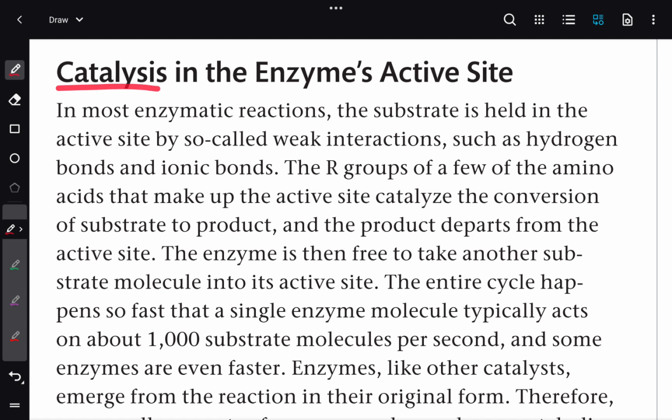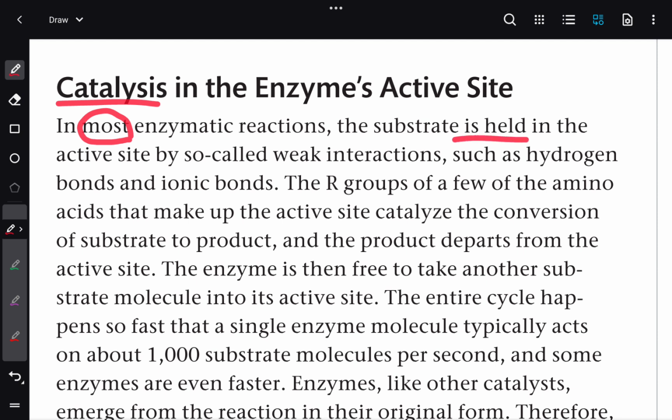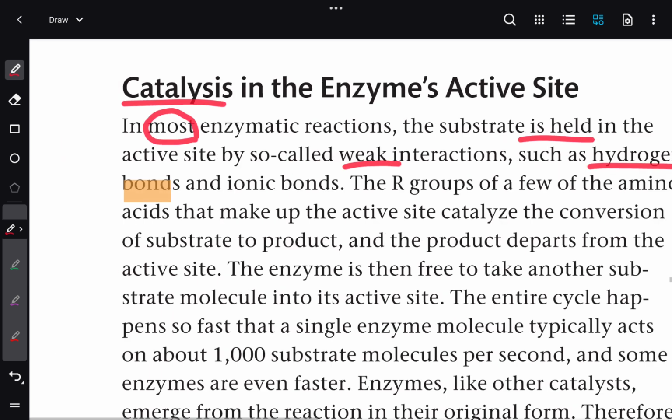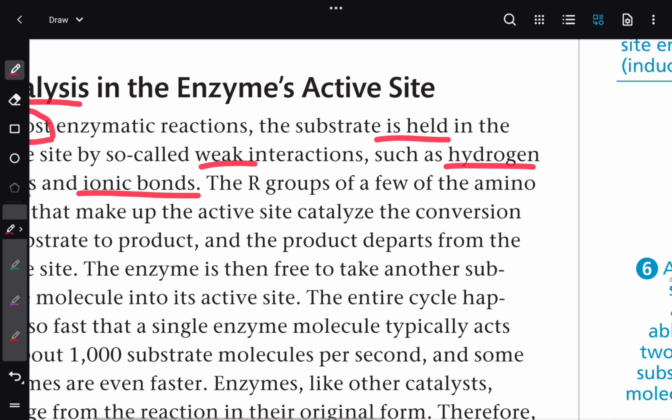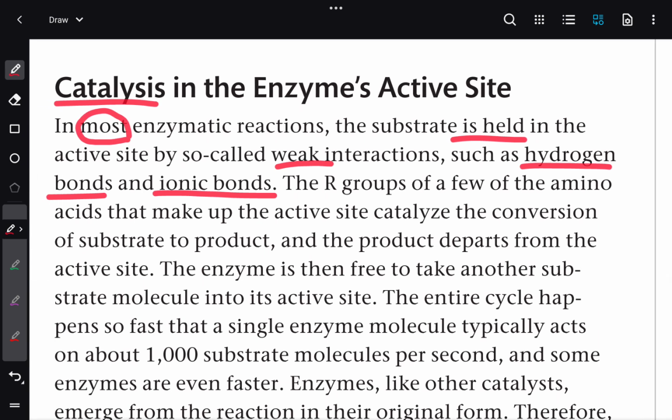In most enzymatic reactions, the substrate is held in the active site by so-called weak interactions, such as hydrogen bonds and ionic bonds. Now, the R groups of a few of the amino acids that make up the active site catalyze the conversion of a substrate to a product, and the product departs from the active site.